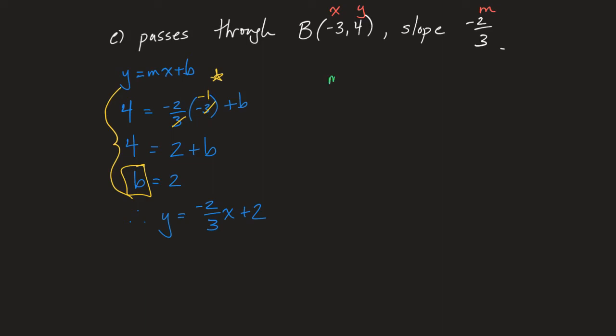So my slope could also equal y2 minus y1 over x2 minus x1. There is another relationship between slope and points. So now I can go ahead and I can sub in my information. My slope is negative 2/3.